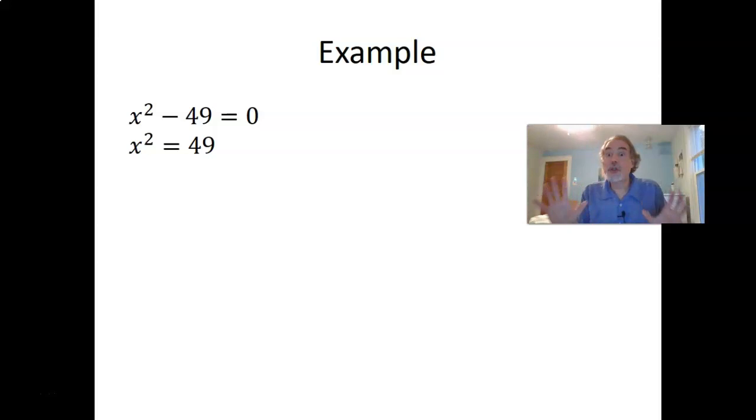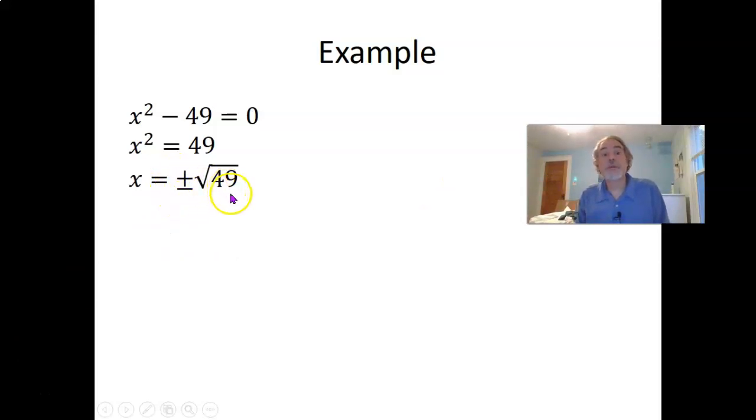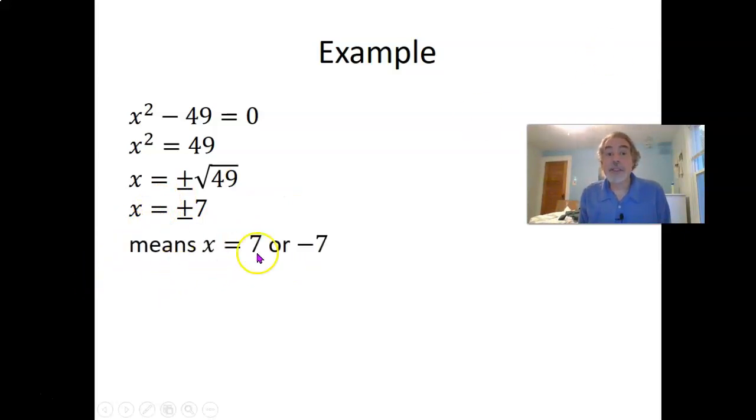So there are two solutions. Don't forget to give both of them. X equals plus or minus the square root of 49. And of course, the square root of 49 is 7, so x equals plus or minus 7. And this plus or minus symbol really is sort of a shorthand way of saying that x could equal 7, or it could equal negative 7.